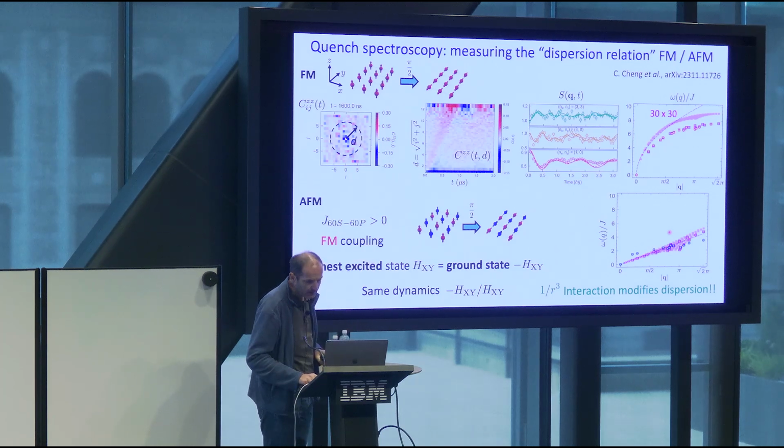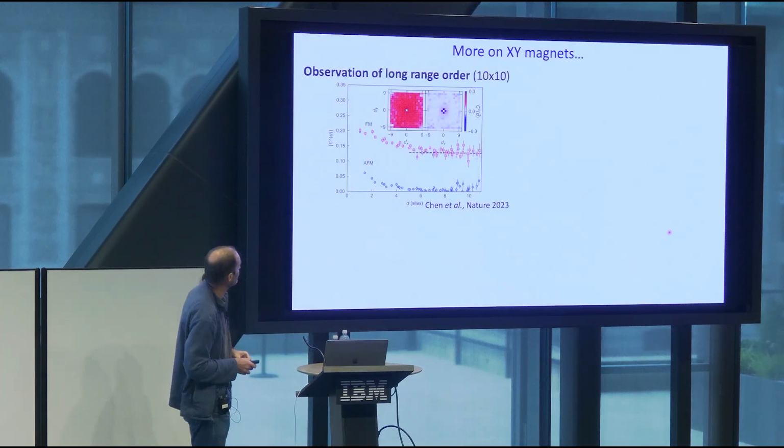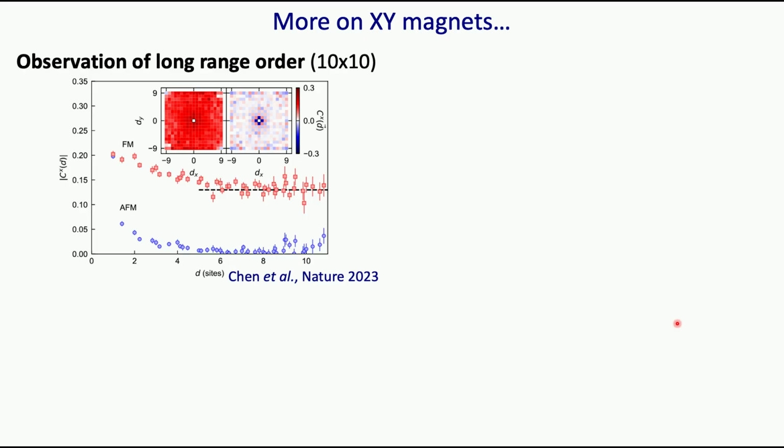We've done a bit more analysis, but just to broaden the scope a bit, we've done other experiments with the XY model, for example, not only to place them out of equilibrium, but preparing the ground state of this system. It can be done by an adiabatic control of some parameters.